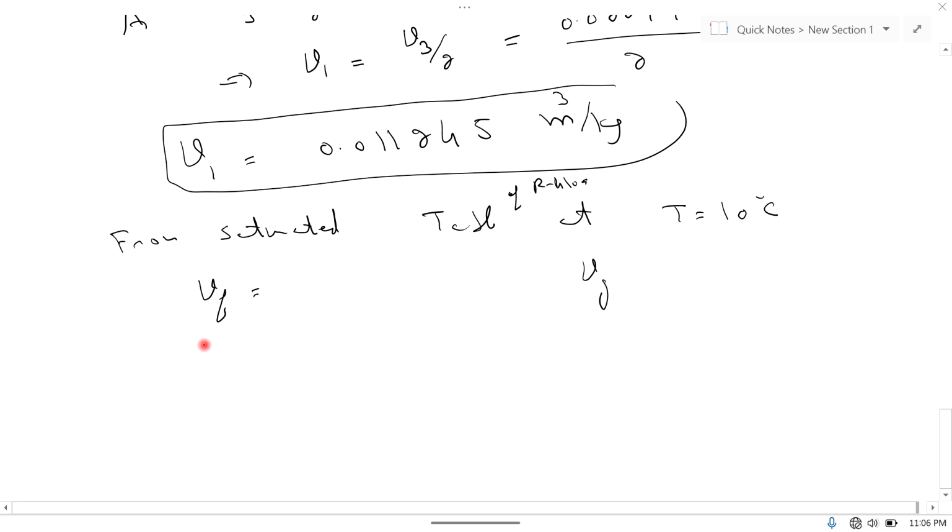Similarly, find Uf and Ug, because we will use these values later.